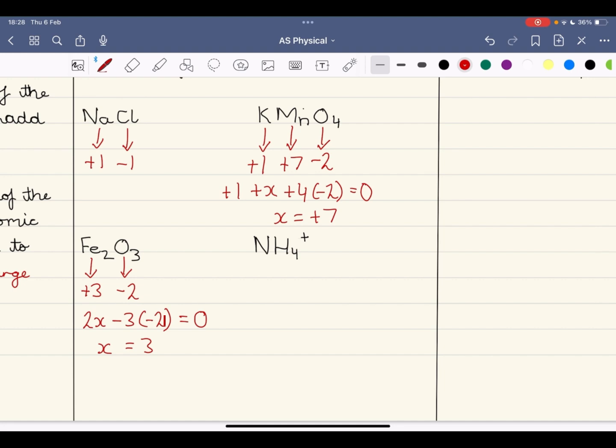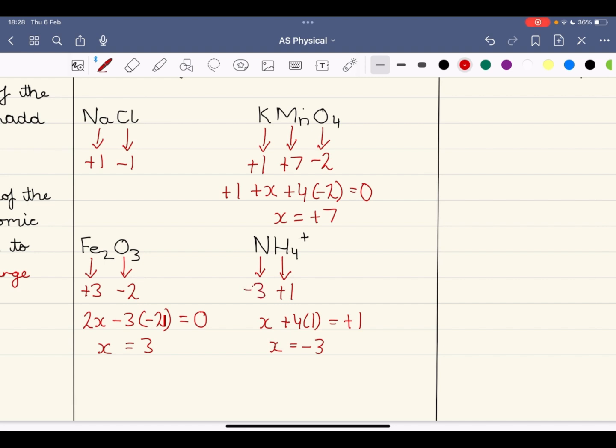And then for the ammonium ion, well, hydrogen is going to be +1, so we have nitrogen, which we can label x, plus 4 lots of 1 is equal to the charge, which is +1, and then we get x is equal to -3, so nitrogen is -3.